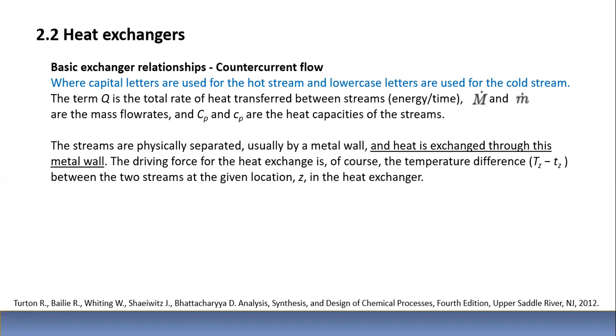But in reality, they are separated by metal pipes, that is metal tubes. One of these streams is coming on the outside of these tubes, and the other stream is coming on the inside of the tubes.